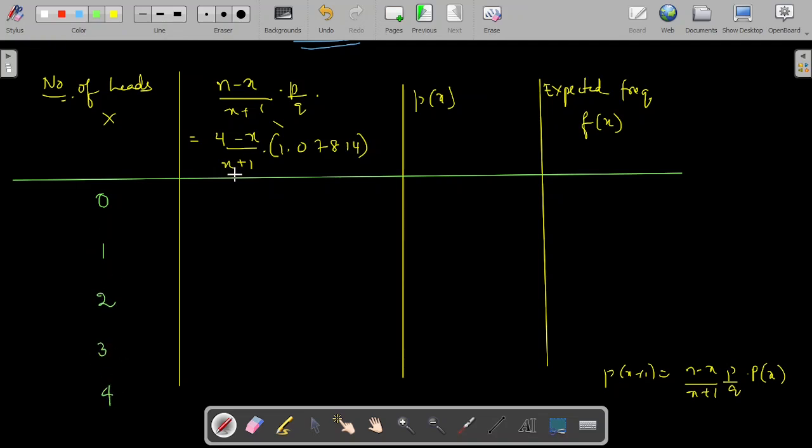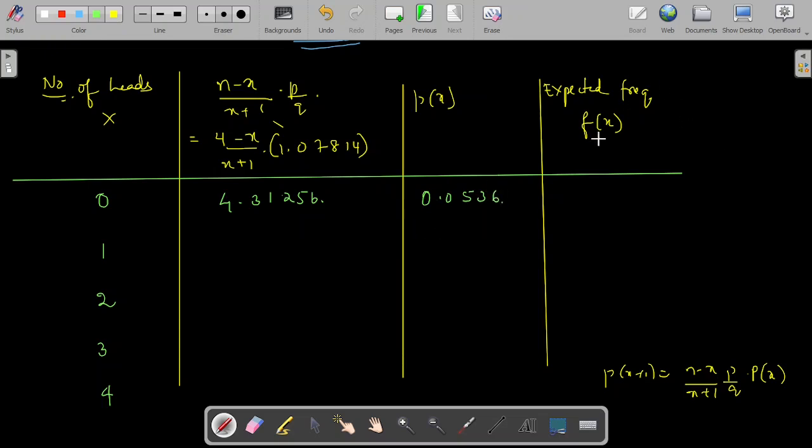Okay. X is 0. What happens? 4 minus 0 by 0 plus 1, into this value, that comes out to be 4.31256. P of 0 is nothing but q to the power n, and we got P of 0 as 0.0536.